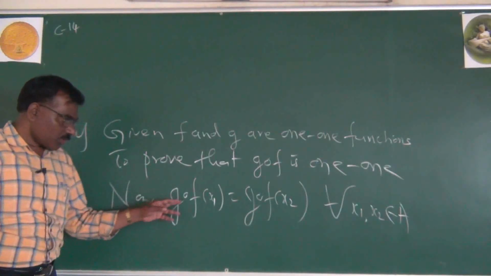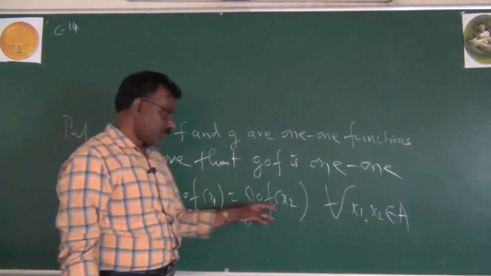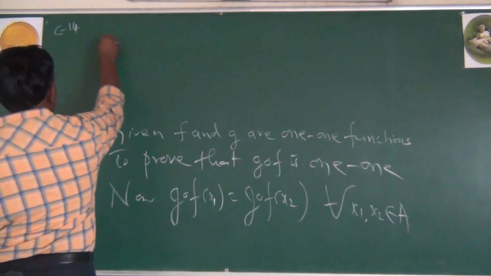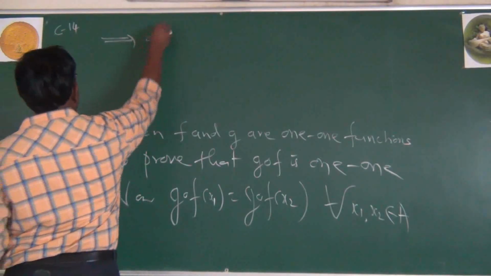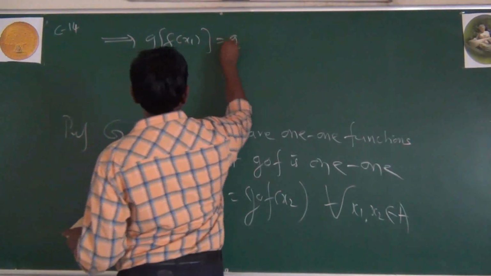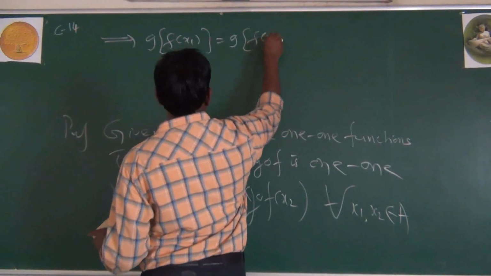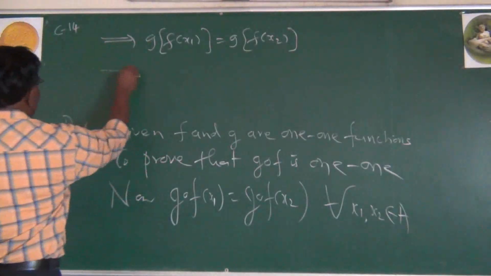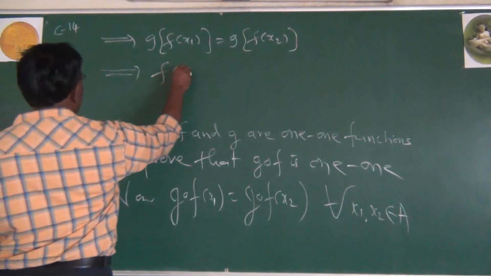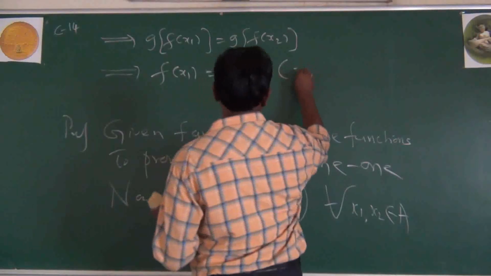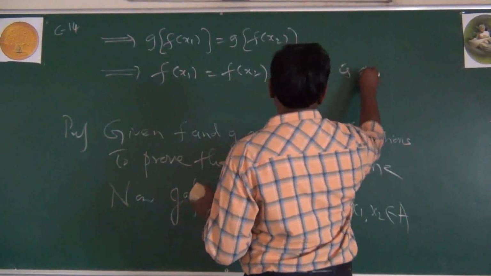Now g composition f of x1 equal to g composition f of x2 for all x1 and x2 belonging to A. It implies g of f of x1 equal to g of f of x2. It implies f of x1 equal to f of x2 because g is 1-1.